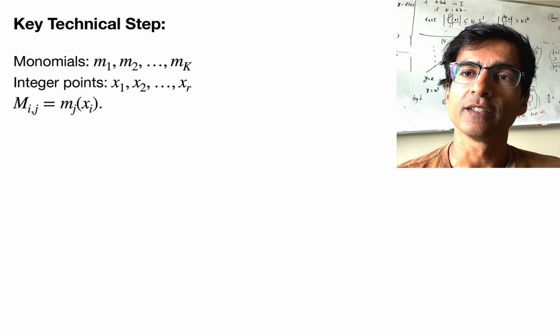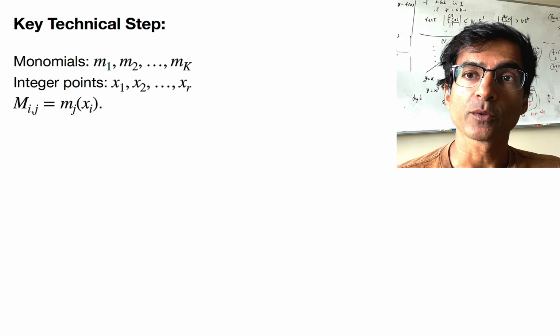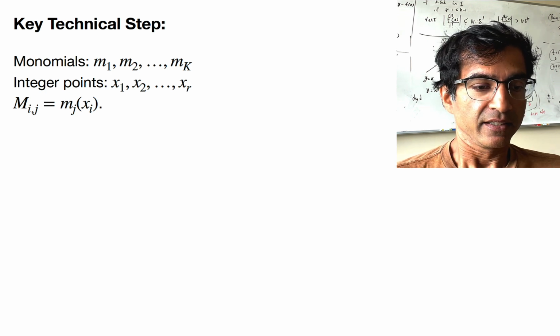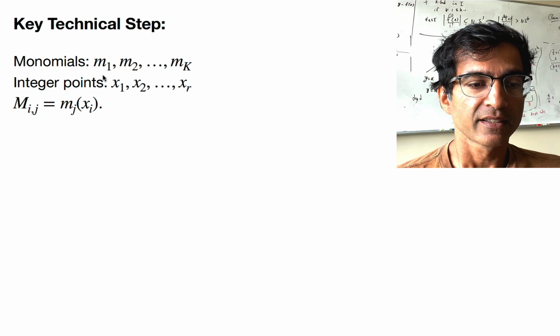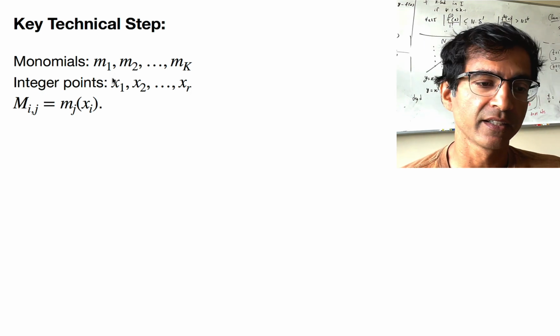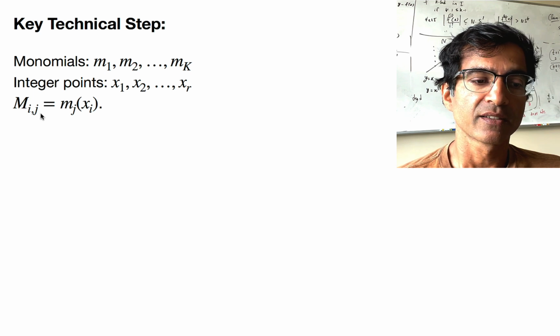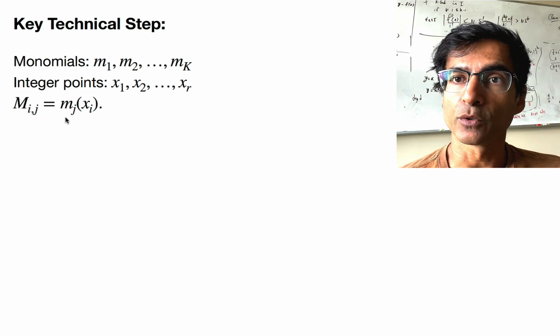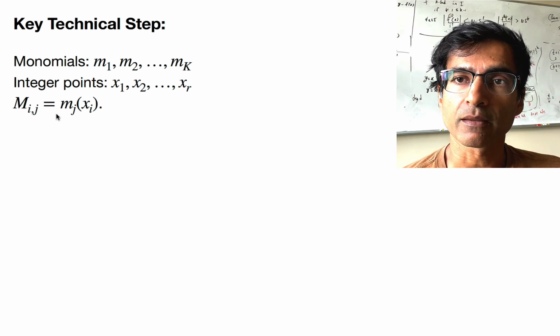And often the easiest and most common way to do it is the following. Make a matrix: take a bunch of monomials, typically low degree monomials, and make a matrix where the ijth entry is the evaluation of the jth monomial at the ith point.